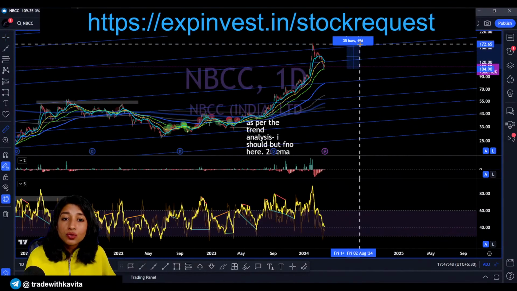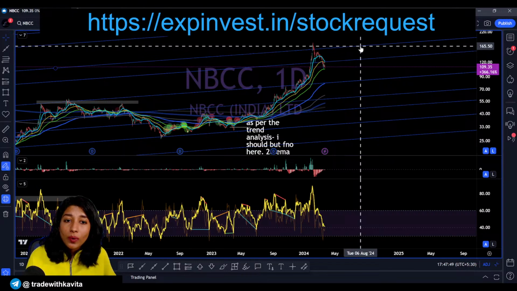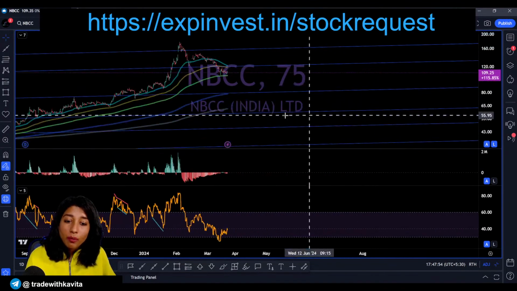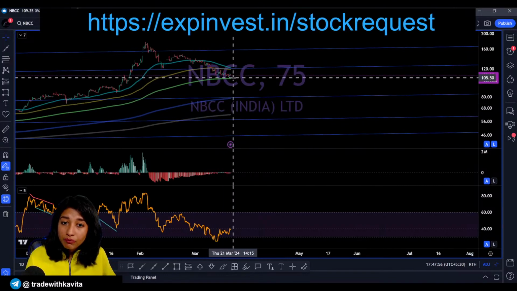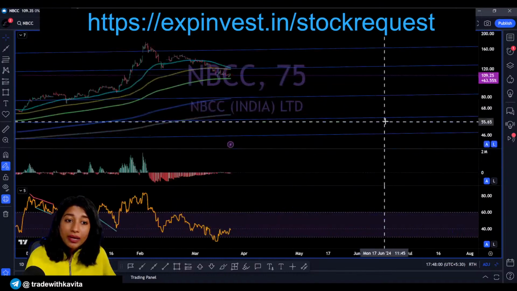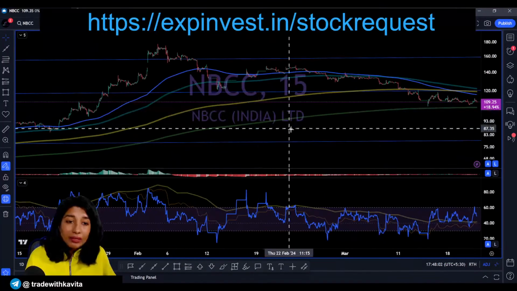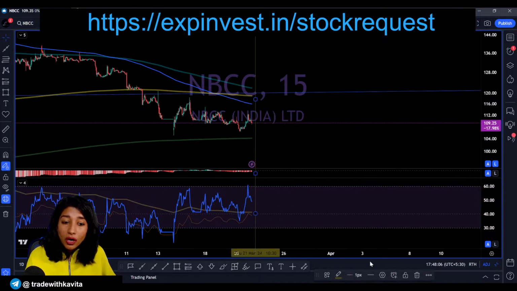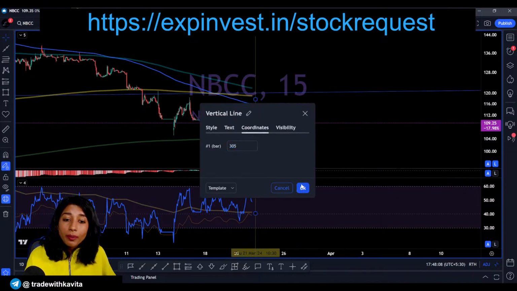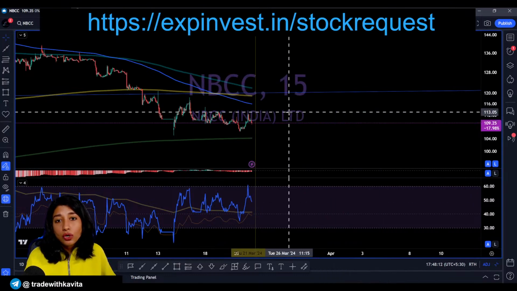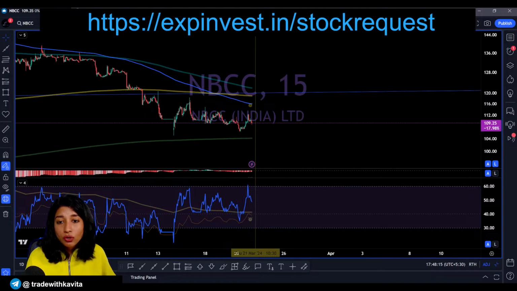So if the stock retests the level of around 174, 175, I would suggest you exit and book your profits. Also, on the 75-minute time frame, I can see a positive divergence. On the 15-minute time frame, I can see a positive range shift. So NBCC all in all is looking quite attractive for a fresh entry or adding to a position. You might also want to use this particular point to add more to your NBCC position and average your cost.